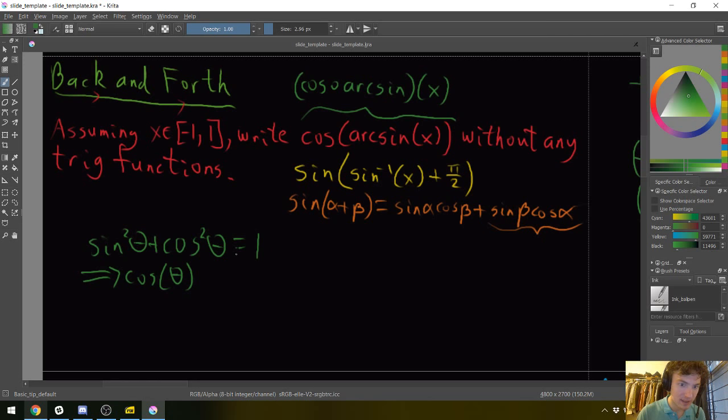Okay, this is going to be a very dumb question, but I can't remember. Is sine squared theta sine theta squared? Yeah, this is confusing notation. Sine squared theta means sine theta quantity squared. Yeah.